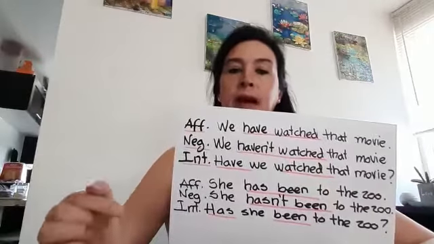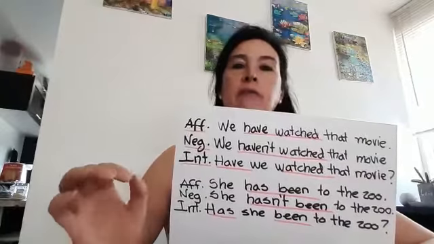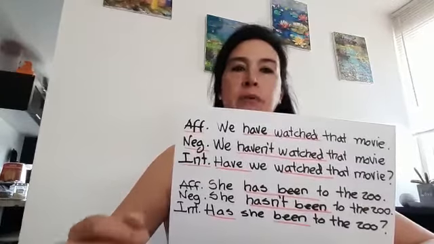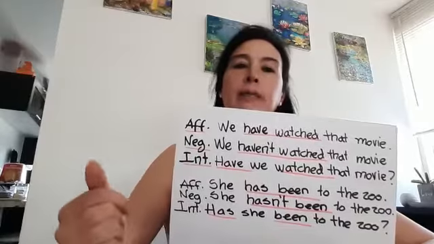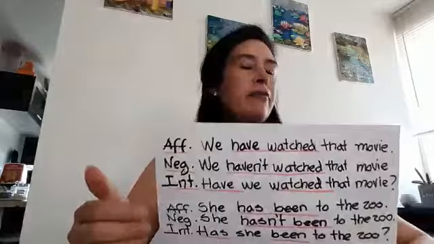Okay. Now, remember something very, very important. For the present perfect, we're going to use the past participle. What's the past participle? Remember that we have three columns in the book.